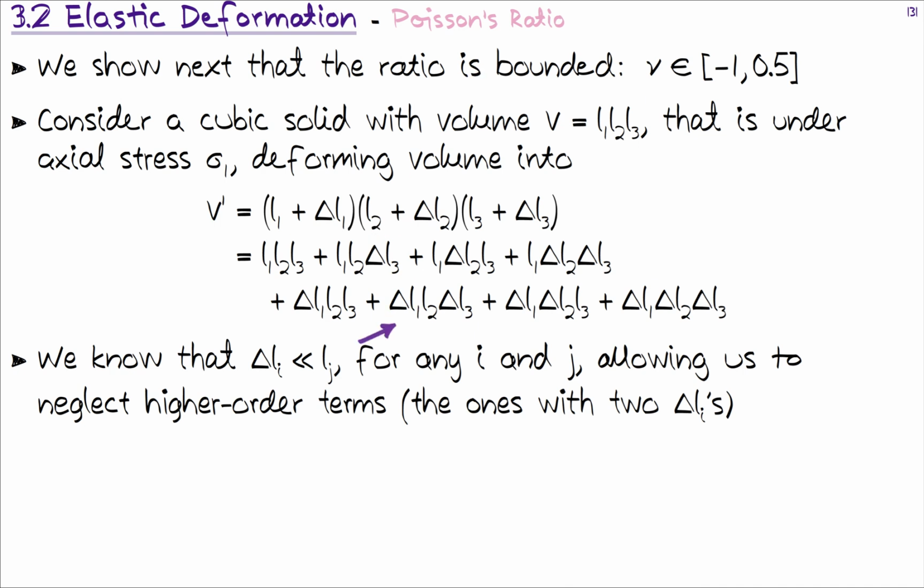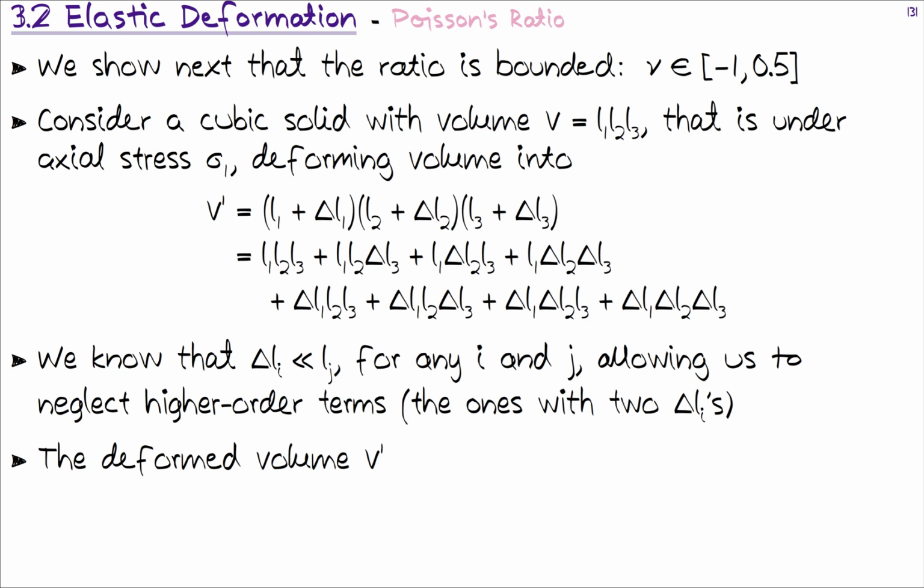So we can neglect, for example, this term, and this term, and this term. So these are the higher order terms. And this is okay to make this approximation as long as this condition holds for any i and j. So essentially this means that it's a pretty cubic-like object and not a very rod-like strongly elongated object.